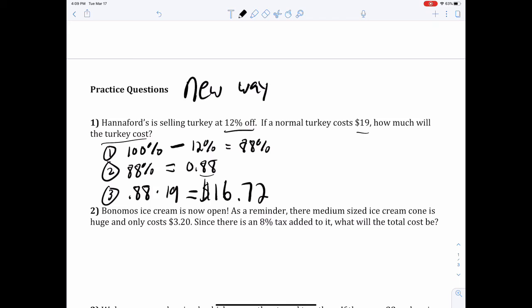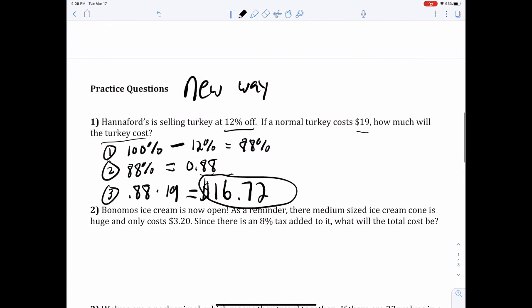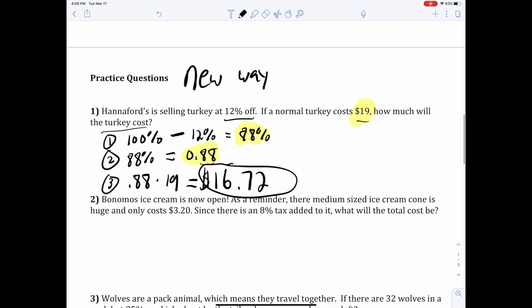So that's how much the turkey will cost. All right. To review what we did there, we found the new percent. That was step 1, 88%. We converted that 88% to a decimal, 0.88. And then we multiplied that by the number we're taking it of, so 19, to get our final answer.